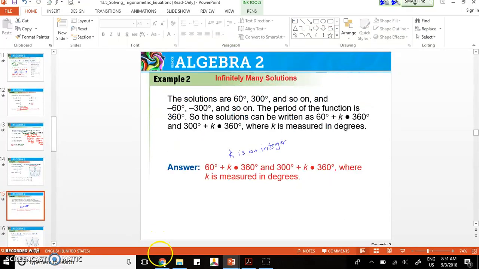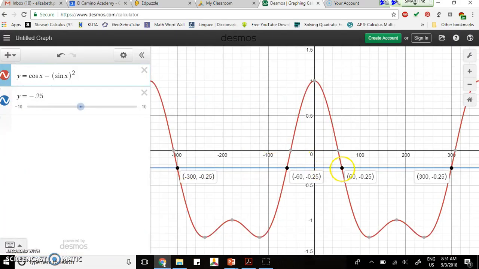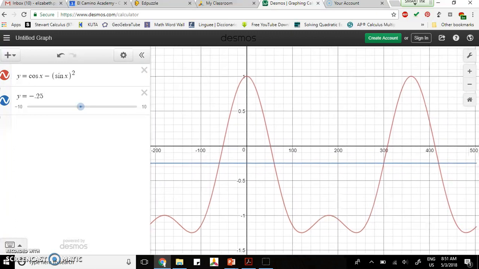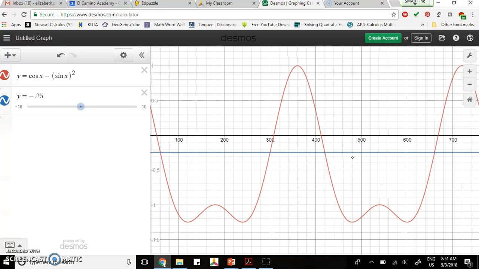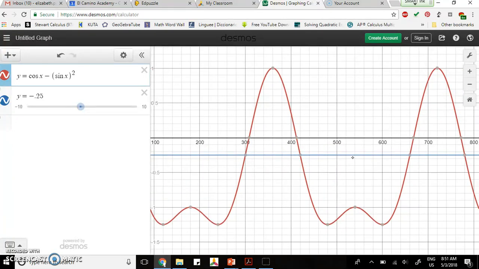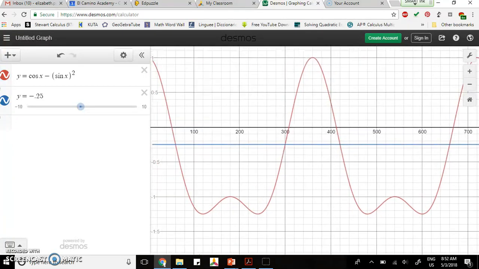So if we look back at our Desmos graph, at 60, and then again at 60 plus 360 over here, which is 420, I would have another solution, right? Every 360 degrees, I get that same solution again.